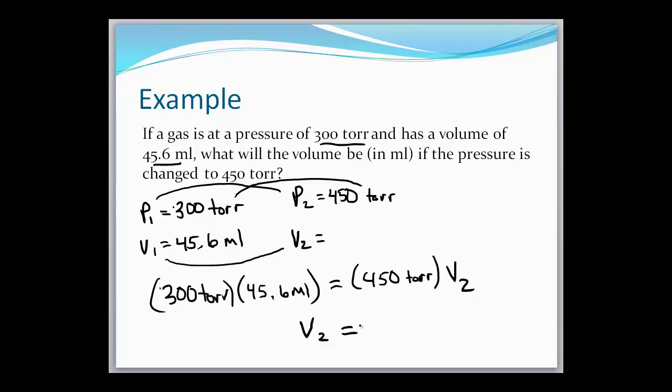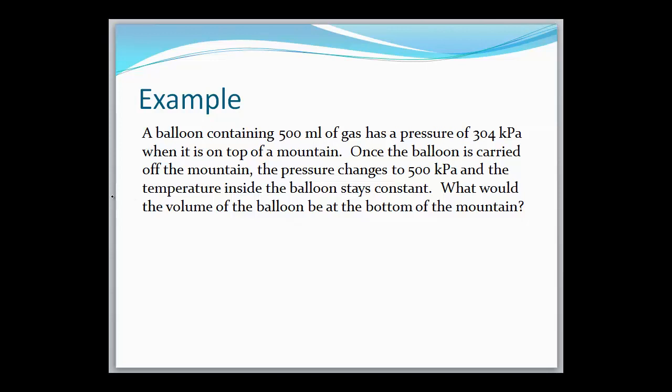So we solve for V2, and we get 30.4, and again, remember, our unit is milliliters for volume, so we put our unit in there. Let's take a look at one more problem.